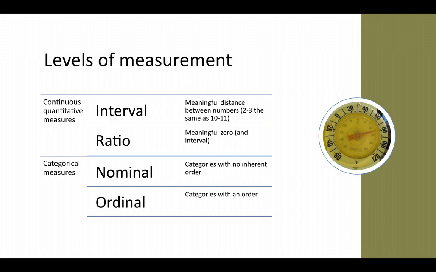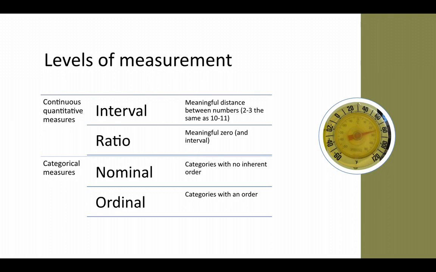Right. So within the continuous quantitative measures, you have interval and ratio. For ratio, generally speaking, you have a meaningful zero. And for interval, you have meaningful distance between the numbers. I'm going to explain this later on.